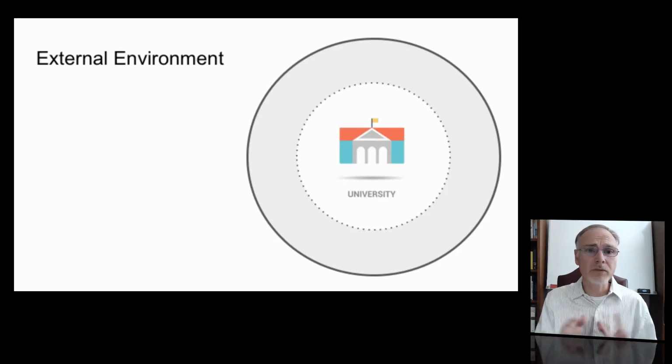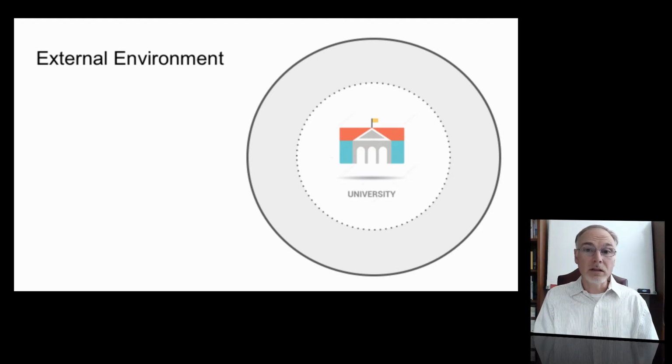Now, by external environment, we're not talking about the internal operations of a university, its faculty, staff, or students. We're also not talking about the transactions that take place between those internal stakeholders and the partners or external people outside of the university. Instead, these frameworks and models help identify the macro level factors and trends to be aware of.